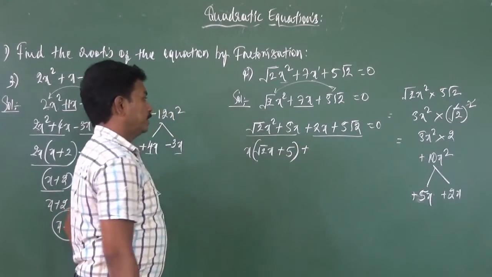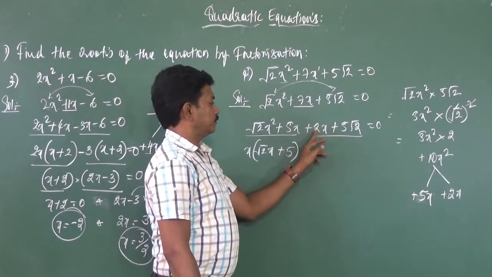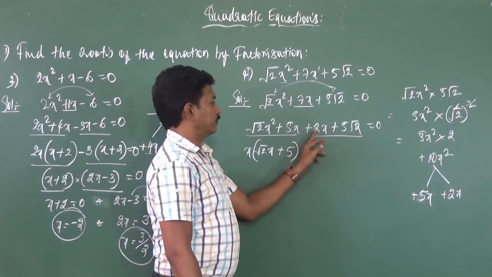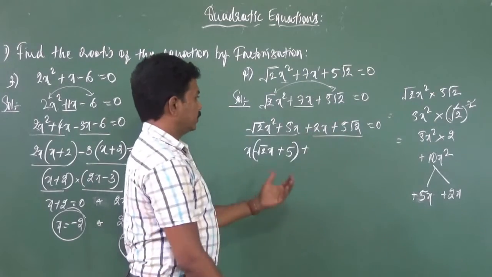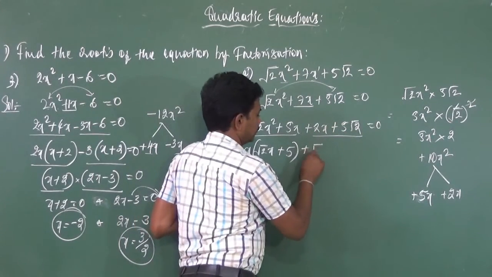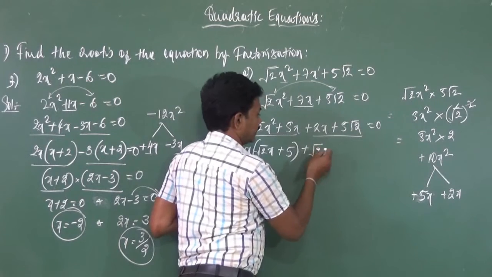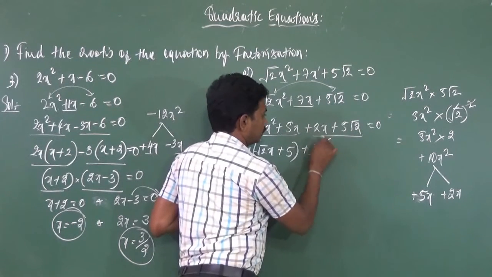Now here we don't have x to take out as common, or we have 2 here, but we have 5 root 2 here. So we should take root 2 as common. So this is the method of taking it. So please look carefully. Take root 2 as common. When you take root 2 as common, root 2 into what gives you 2x?